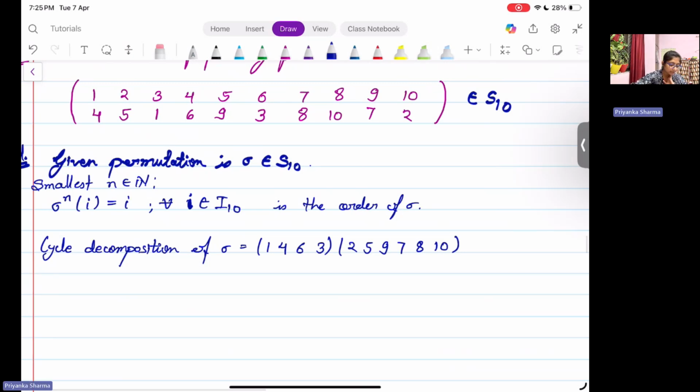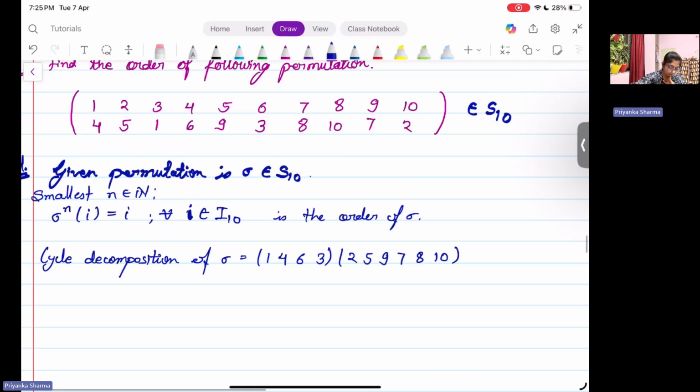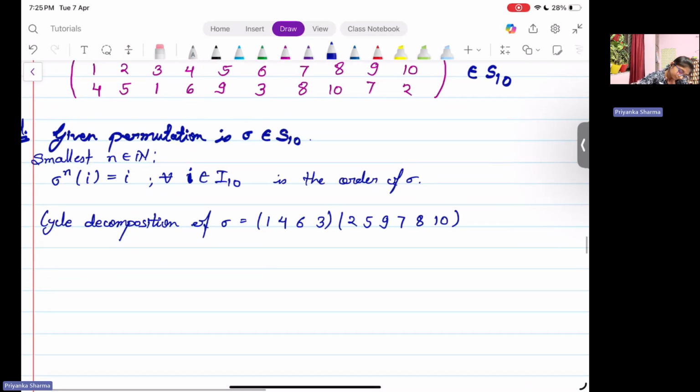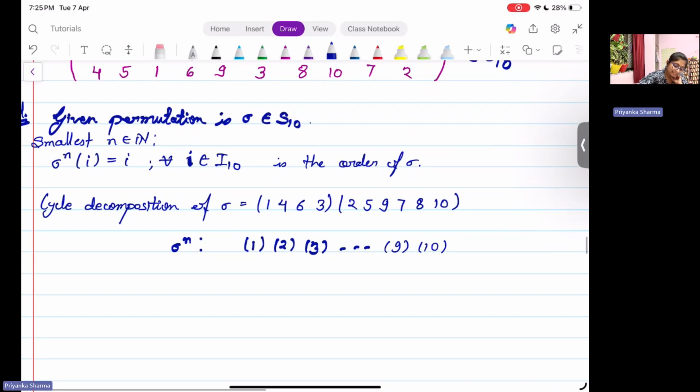Now, what is the meaning of order? We need to find the power of sigma, that is, how many times we multiply sigma by itself, so that we get 1, 2, 3 up to 10 back, right?